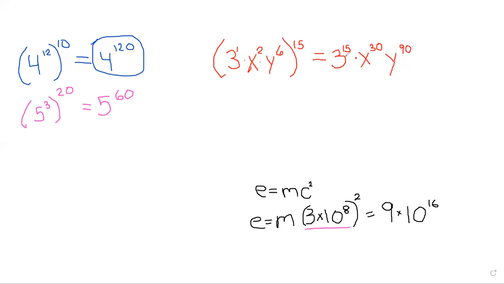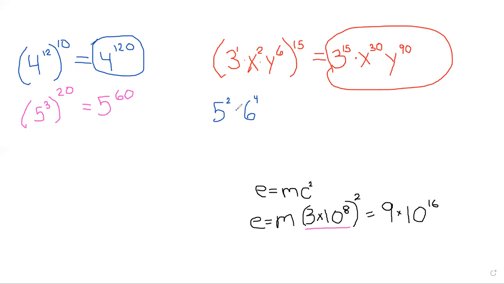Okay, so are we done? We're done. So 3 to the 15th times x to the 30th times y to the 90th. And actually, when I have variables, I don't really need the multiplication sign in between. What if I have, here's another one. Let's do another one. I like these what ifs. Okay. What if I have 5 squared times 6 to the 4th?